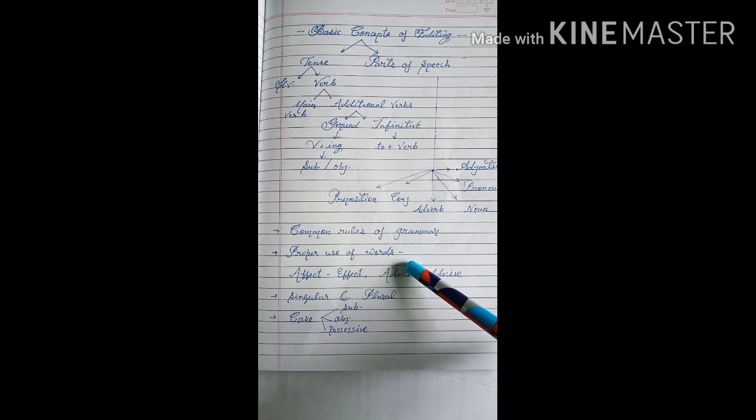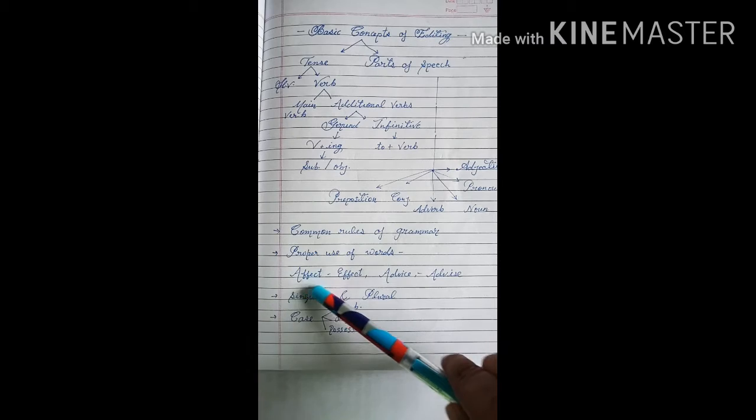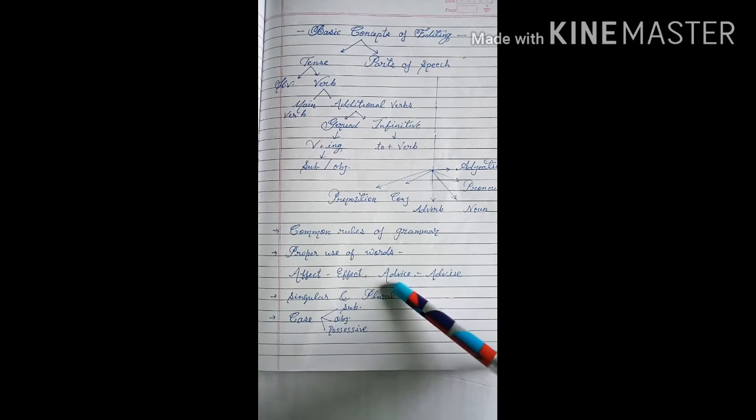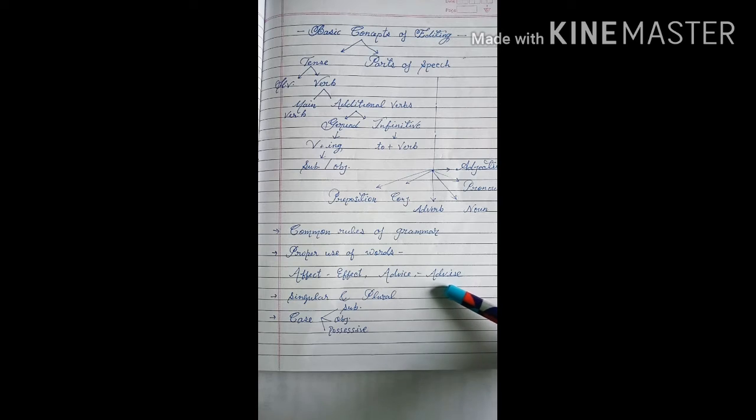There are so many words which look the same when we see them, just like affect, effect, advice, advise. So what is the difference between them? There are so many words also like principle. If we have good knowledge about these kinds of words, then we can use them correctly and make the sentence full of corrections.